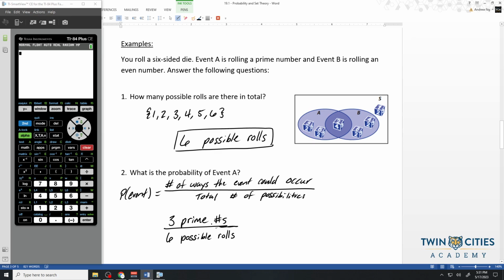So the probability of getting a prime number, the number of ways the event could occur, I could get a 2, a 3, or a 5. There are 3 ways that this event could occur over 6 possible rolls. So the probability of getting a prime is 3 over 6, which I could reduce to 1/2.